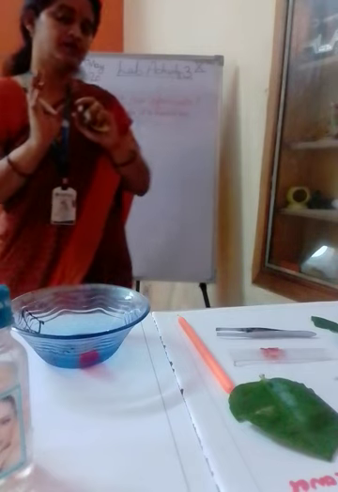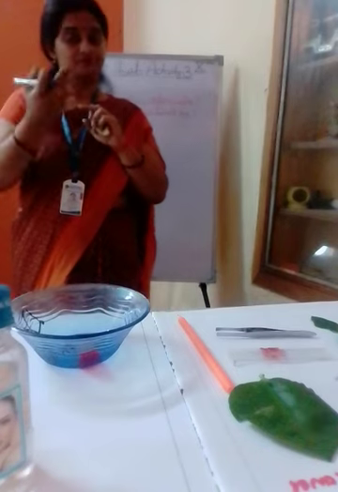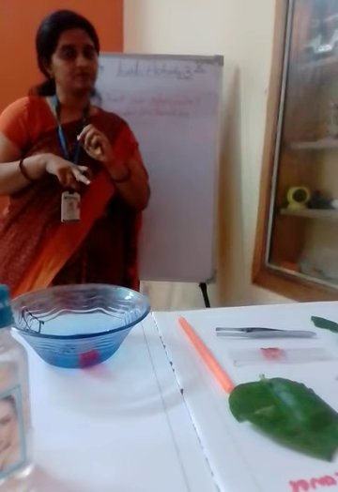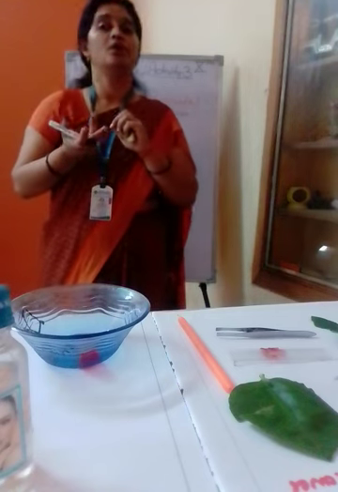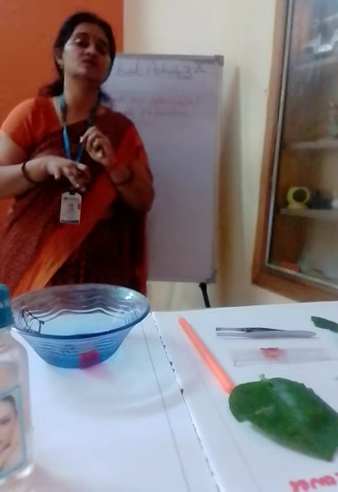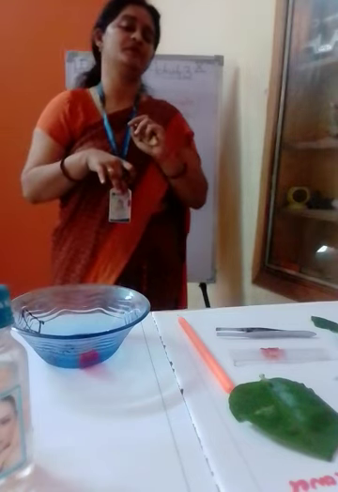That is very important. Function is exchange of gases. Okay. Now transpiration. Do you know it very well? Transpiration is the removal of water vapor from the aerial part of the plant. That is called transpiration. That is a very important function of stomata.